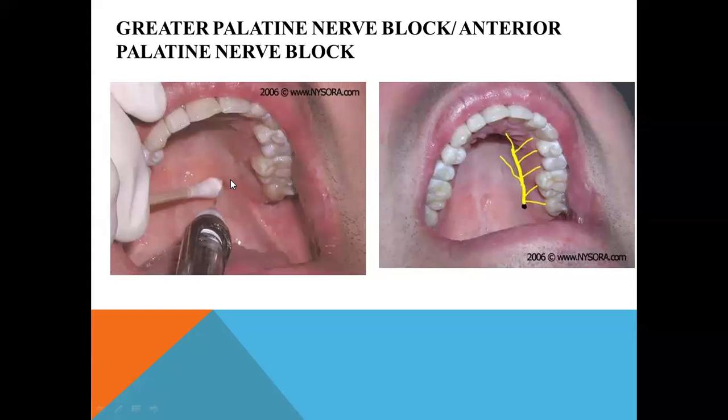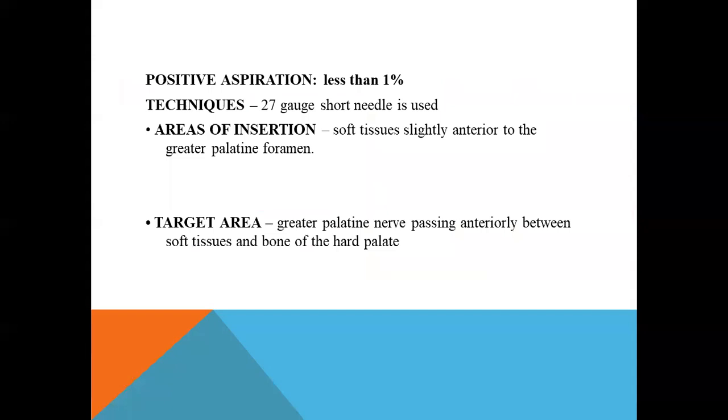When you give pressure over the depression, you will find blanching of the tissues in that region. That indicates that you have reached the greater palatine foramen. Once you have identified it, felt it, and seen the blanching pattern, immediately administer the anesthetic over the region. That area indicates the greater palatine foramen.